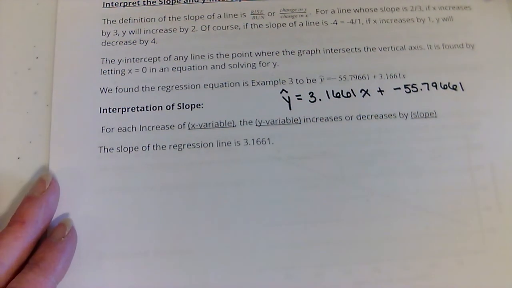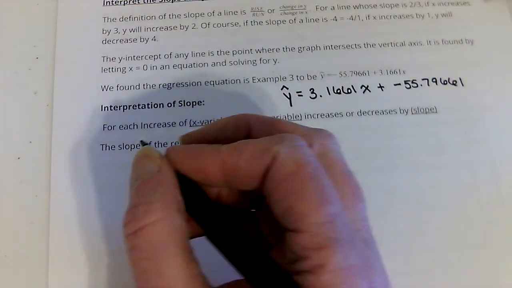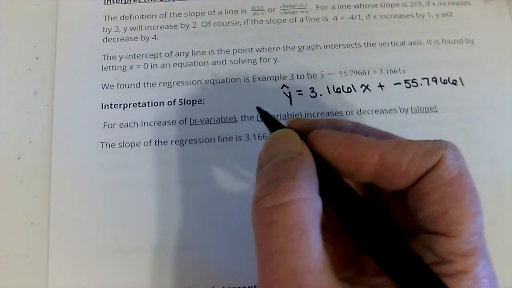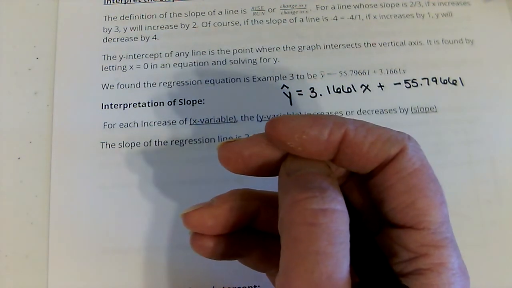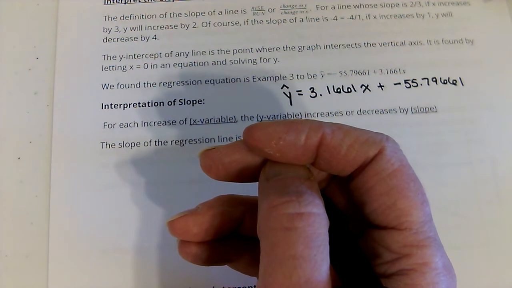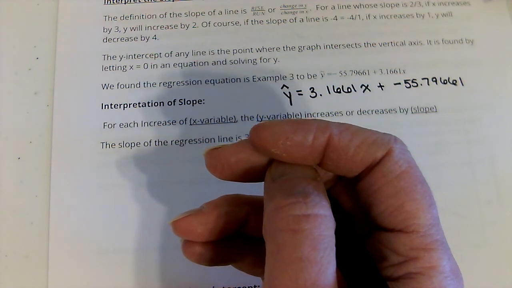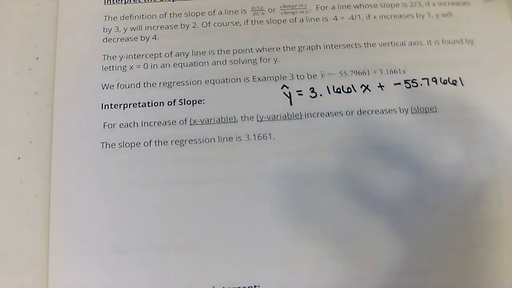So what does this mean? Well, this means that for each increase of x, well, what was x? X was that golf club, right?